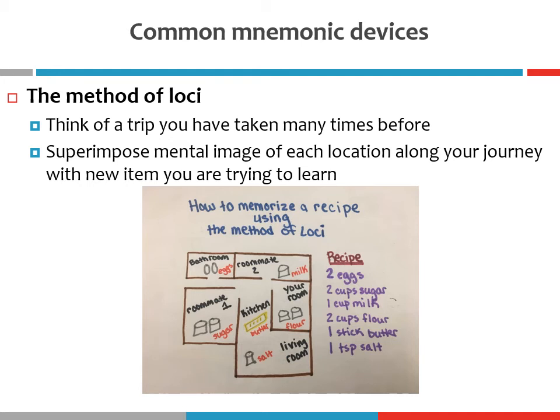So right away, we've got all three of our requirements for an effective mnemonic device checked off, right? You have generated this mnemonic device, or this memory aid, yourself, based on your experiences living in that apartment. You have created a mental image, and in that mental image creation, you have also associated the new items in the recipe with existing knowledge about that particular location.